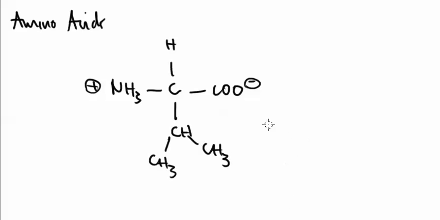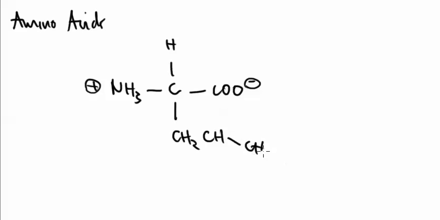So there's glycine, alanine, valine. And let me erase this isopropyl group here. Our next one that we can put in, we just lengthen the carbon chain. So instead of a CH with 2 methyl groups, this is going to be a CH2CH with 2 methyl groups.